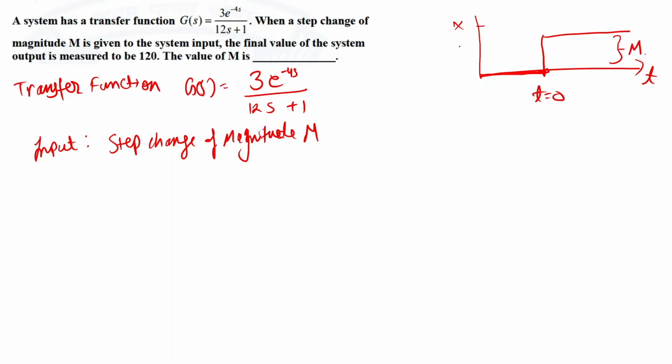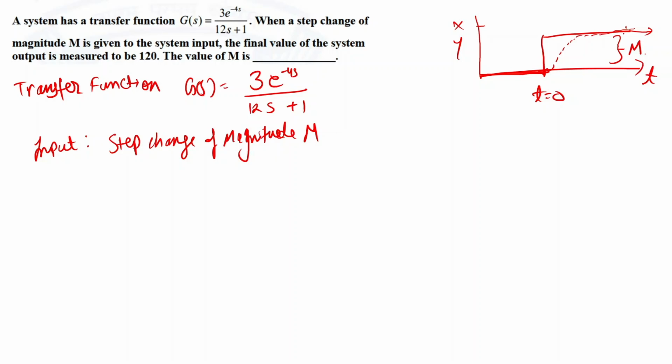This is x. The output response, or the measured system output, can follow this kind of plot based on this transfer function, and we have to find the final value of the output.